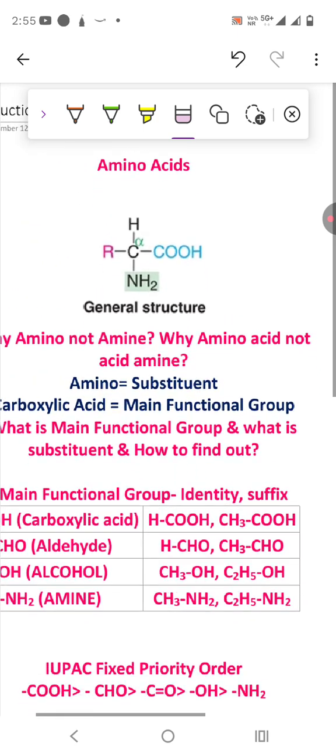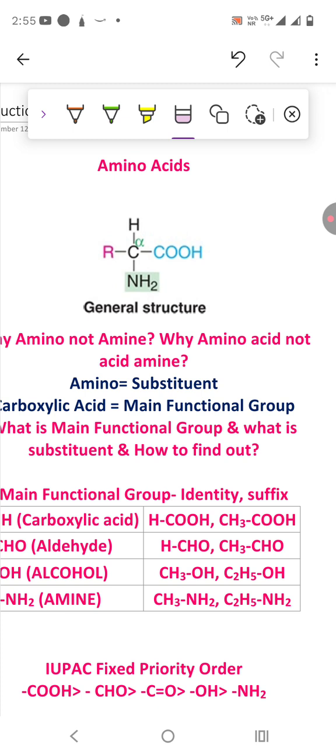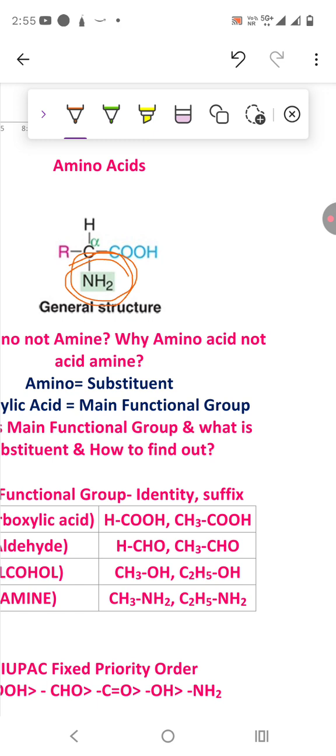Let's understand amino acid. Why amino? This is an amine, isn't it? Why amino? It is because in amino acid there is a main functional group, and there is a substituent, and this amine is a substituent.